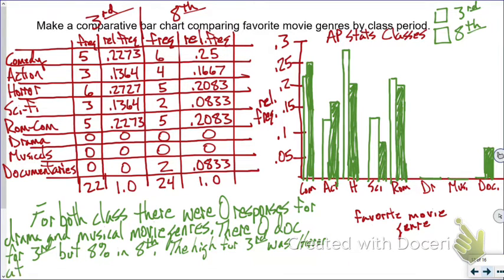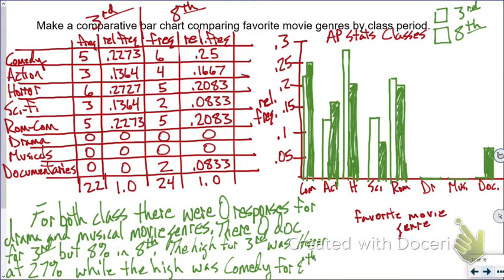At 27%, while the high was comedy for 8th, at 25%.